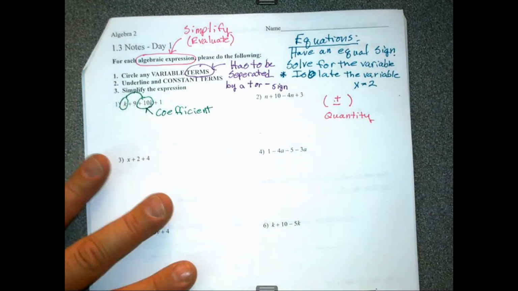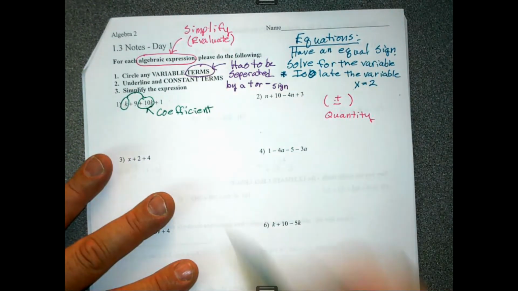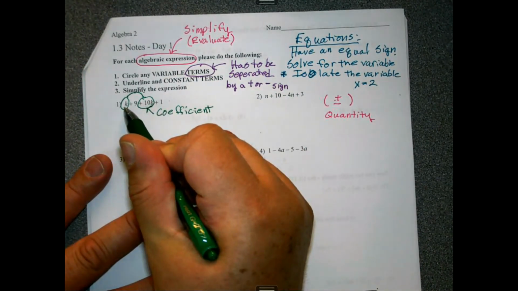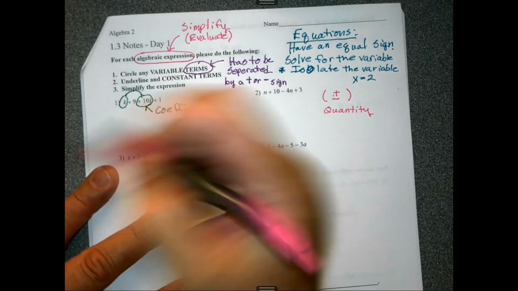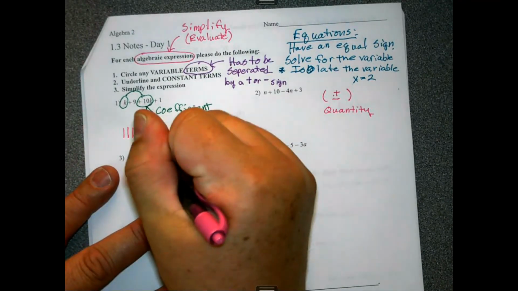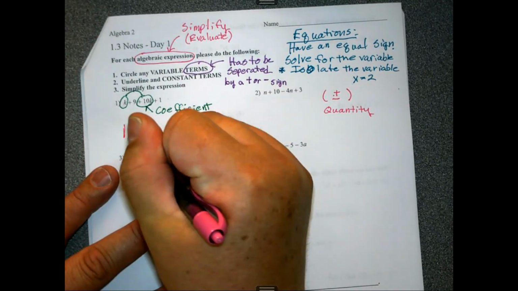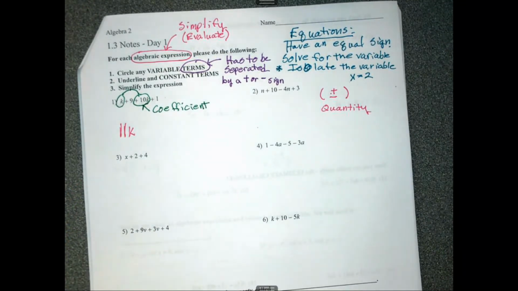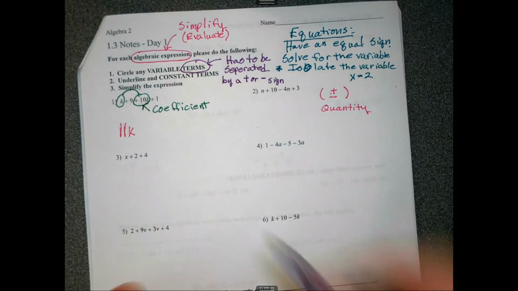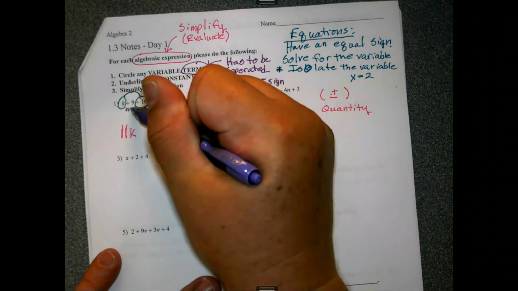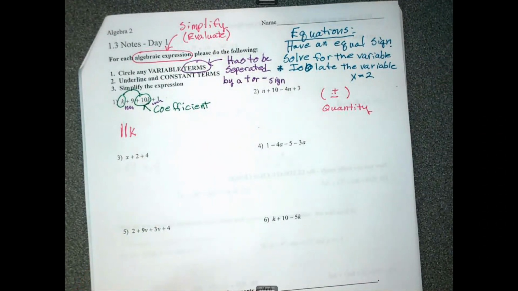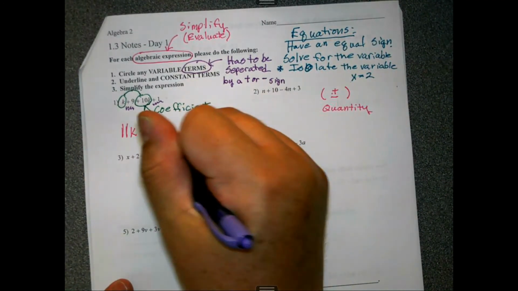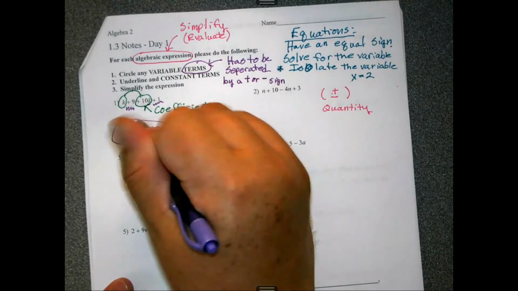Because they're like terms. Okay, a positive 1k and a positive 10k gives me 11k, which is a teacher's salary for a year. No, I'm just kidding. And then I have a constant term, a plus 9 and a plus 1 gives me a constant term of 10. See how easy it is?